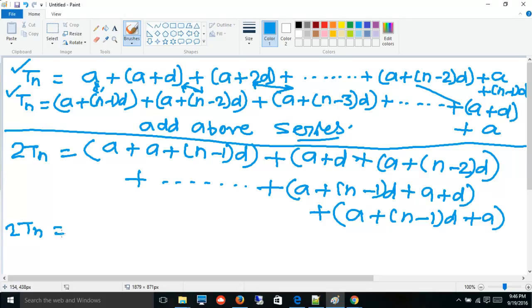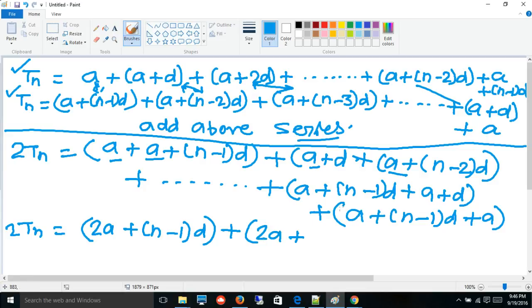2Tn equal to, now we will calculate one by one. a plus a is 2a, so the first term is 2a plus n minus 1 into d. Now the second term: this is a, this is a, so you get 2a plus.